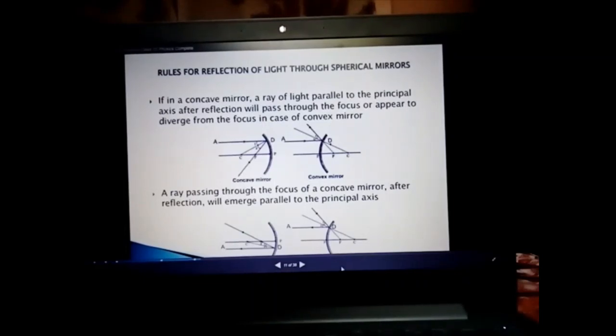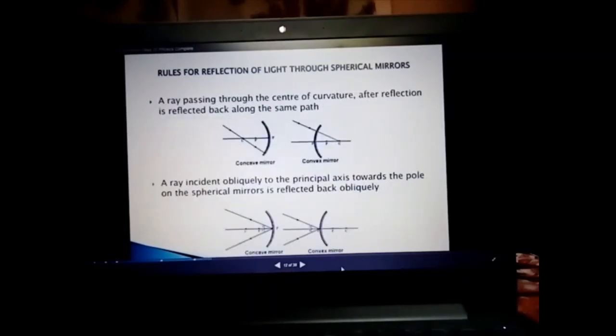Now the third rule says that a ray of light passing through the center of curvature is reflected back along the same path. It means it will retrace its own path in the case of both concave as well as convex mirror.